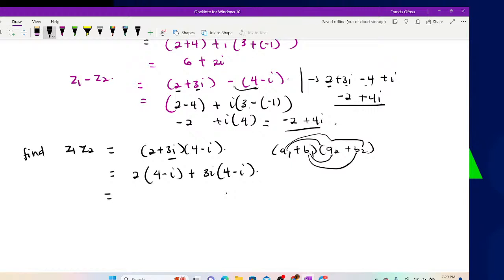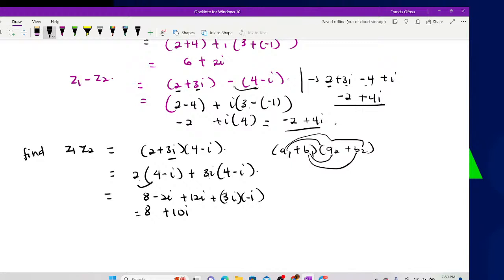Let's multiply through and see. 2 by 4 will give us 8. 2 by negative i is negative 2i. Plus 3i times 4 is plus 12i. Then 3i times negative i. I'll have my 8 back again, but negative 2i plus 12i will give us plus 10i. Then I'll have i times negative i to give me what? Negative i squared.